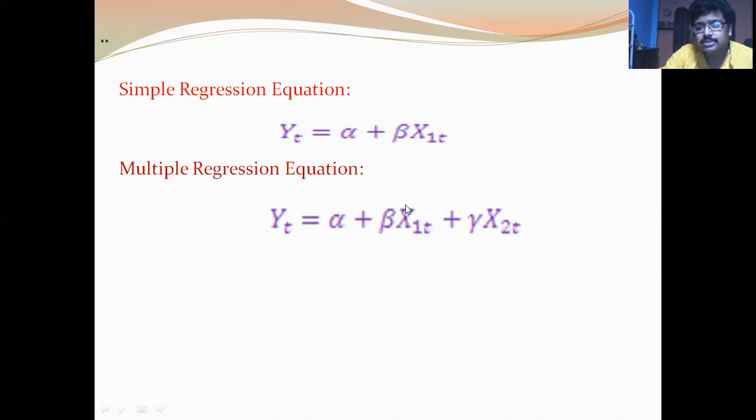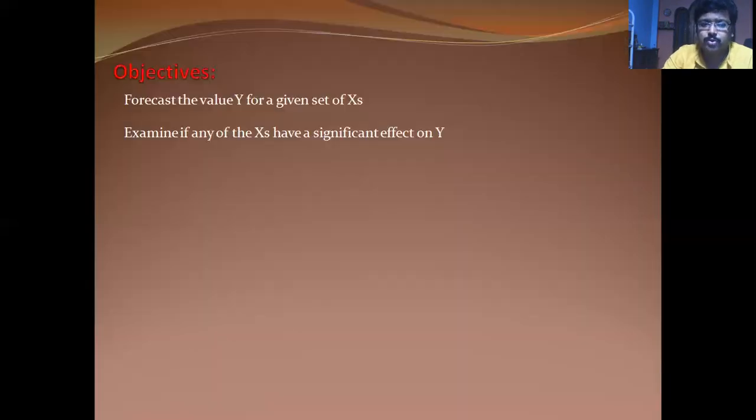Whether x1t has a significant effect on y, and whether x2t, the assets of a family, has a significant effect on the dependent variable, consumption expenditure, is a matter of concern in regression equation. Okay, so these are the objectives of regression analysis.